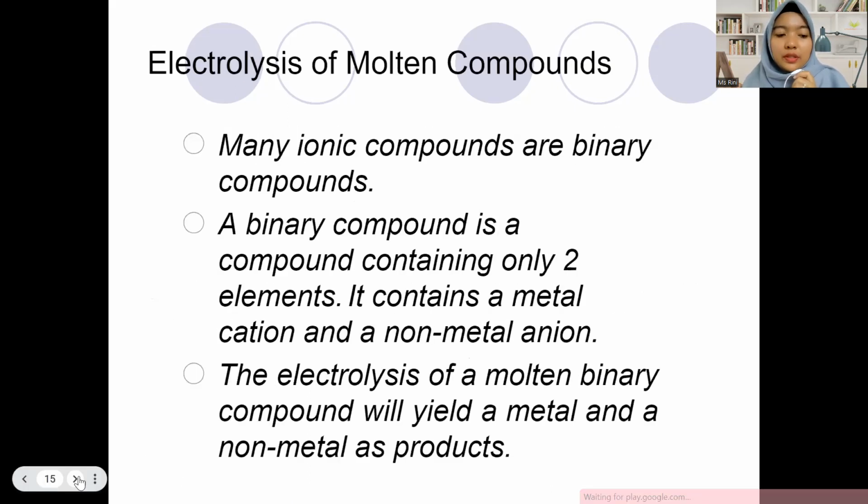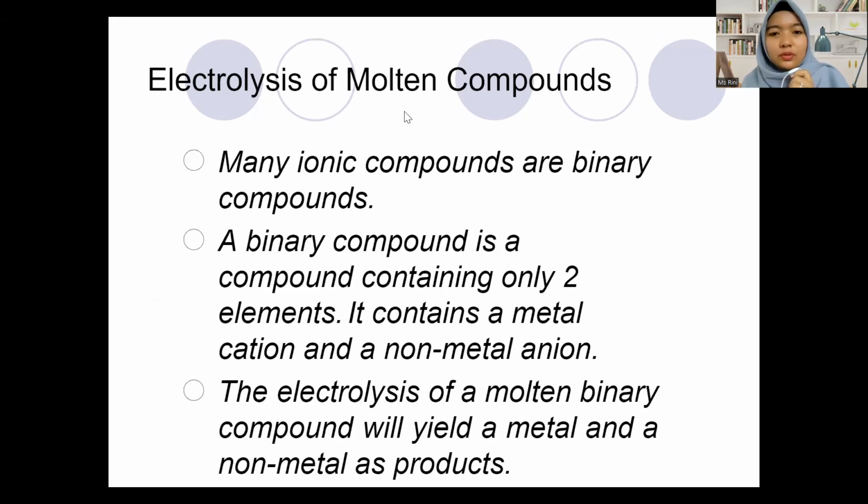To see in detail, we also need to know the two types of electrolyte that we use. In this session, we're only talking about electrolytes coming from molten compounds. A molten compound is still a pure compound that does not contain any other types of molecule, so it's just the positive and negative ions from that compound.